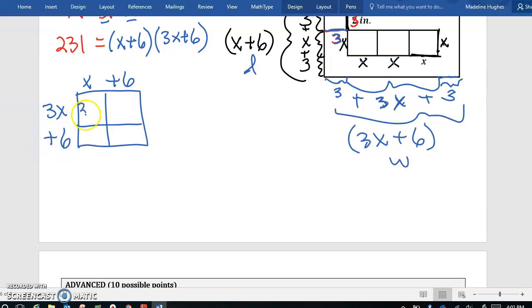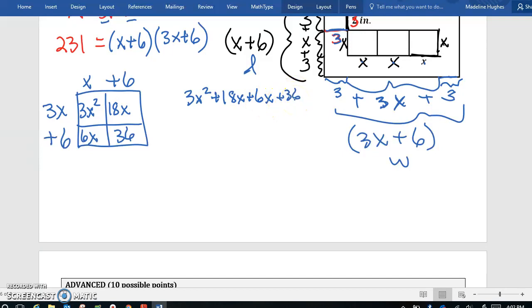So 3x times x is 3x squared. 3x times 6 is 18x. 6 times x, 6x. 6 times 6 is a positive 36. Now I'm going to take each of these 4 boxes here and just write them all out horizontally. So I have 3x squared plus 18x plus 6x plus 36.